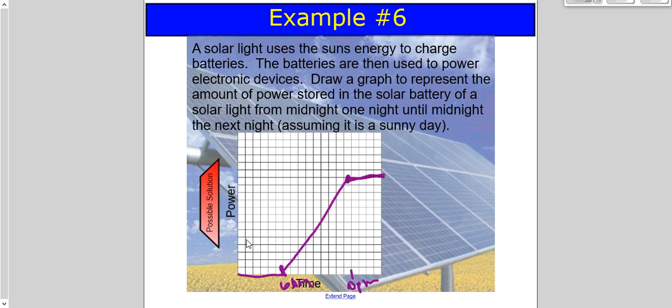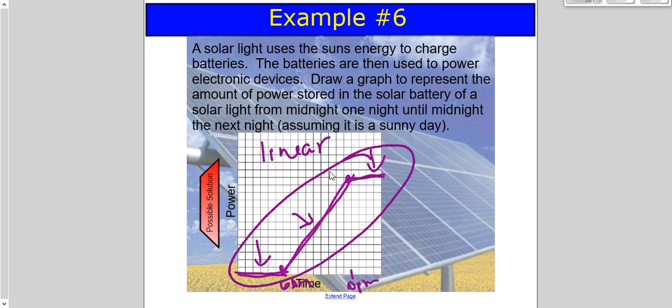It's in pieces because different things would be happening at different times. Parts of it, like this part here and this part here and this part here, all independent of each other, are linear. But if you take a look at it as a whole graph, then we would have to say it's non-linear because it's in pieces.